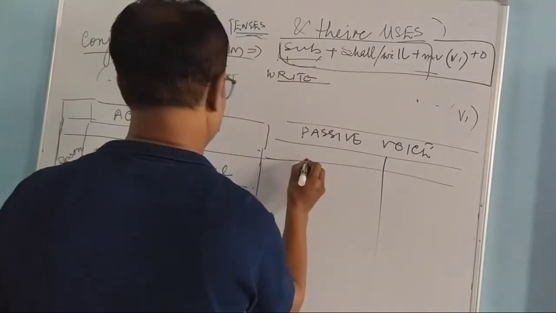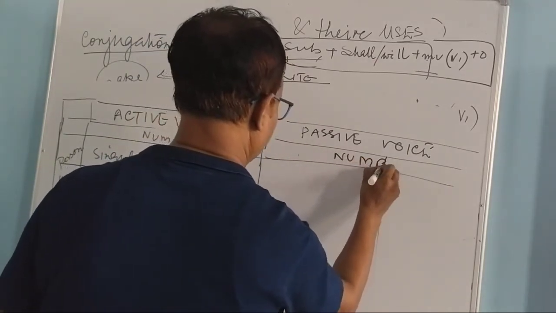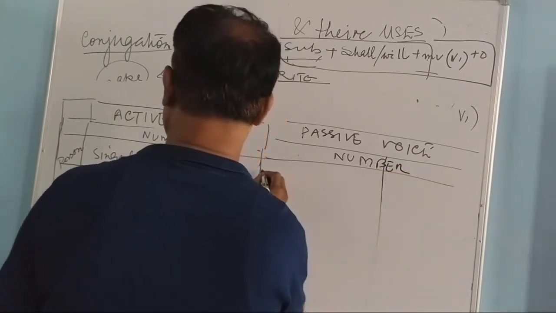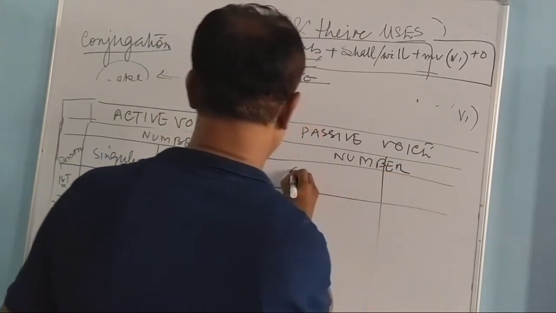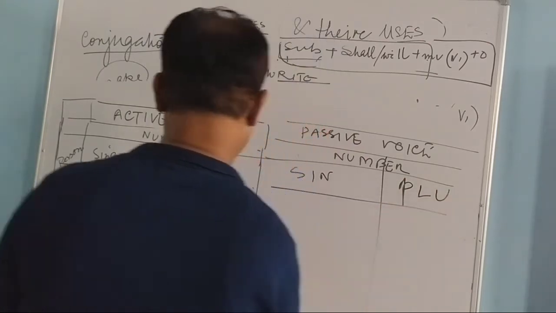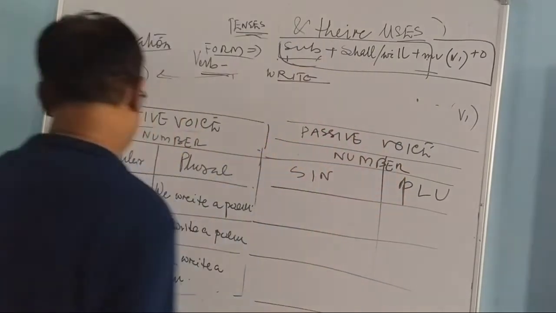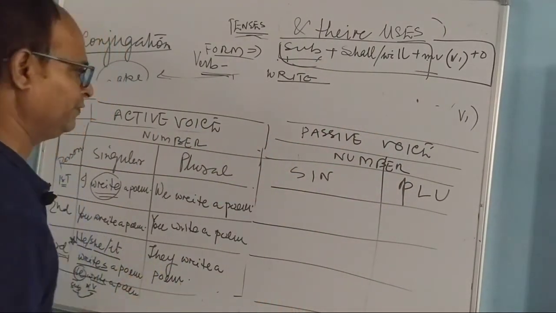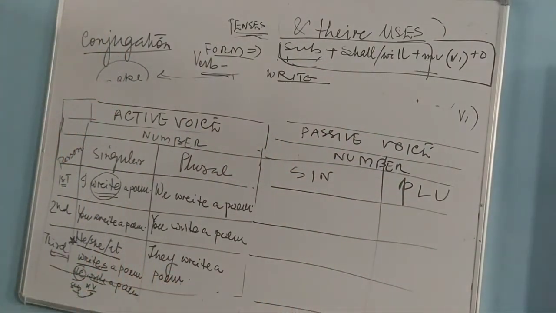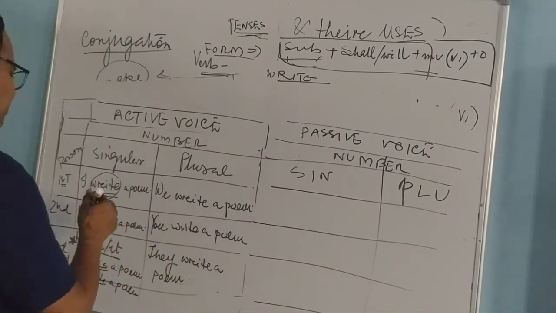Again, there will be the number, singular and plural. So, let us see, we used the formula earlier. We have learned the formula for how to change from the active into the passive.